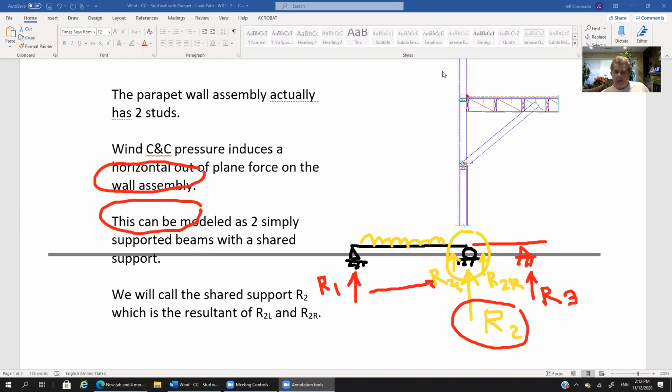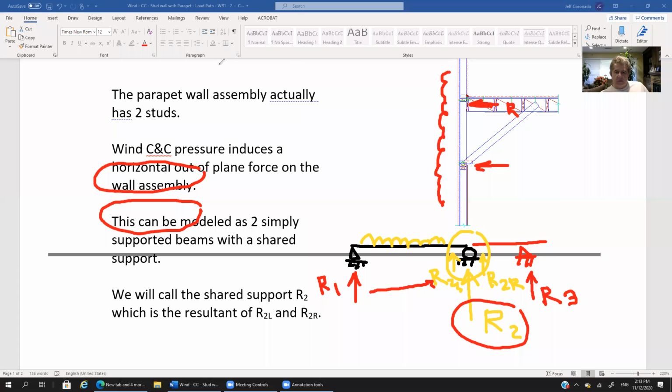So we've got all this wind pressure, and then we've got a reaction here at this double top plate, which is what we're calling R2, and we've got a reaction at the roof, and that's what we're calling R3. Does R2 equal R3? That was the question that we had.